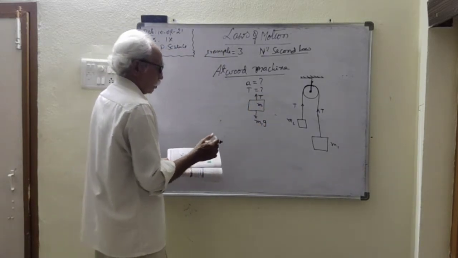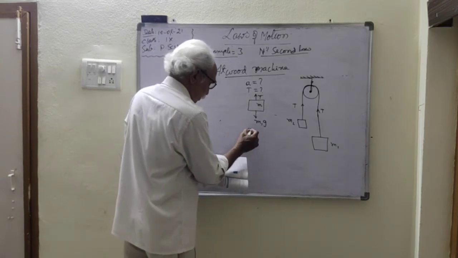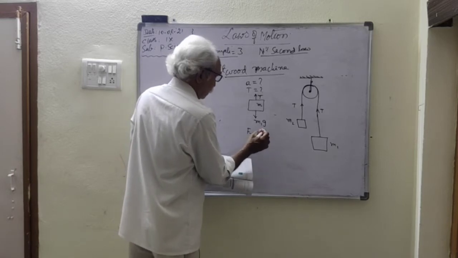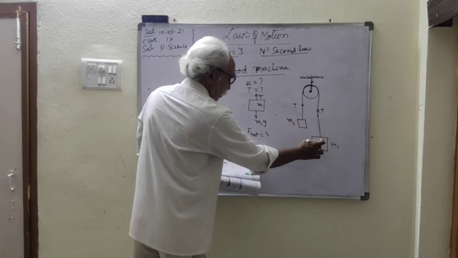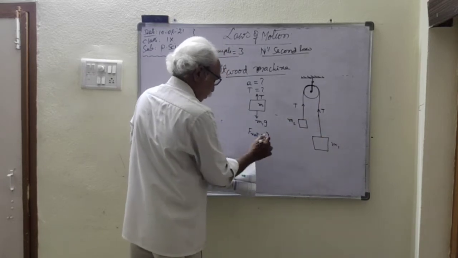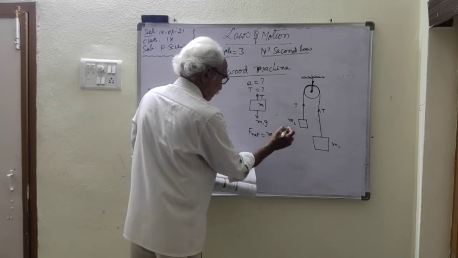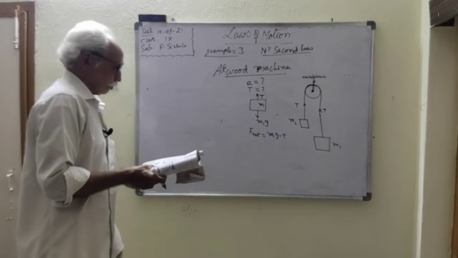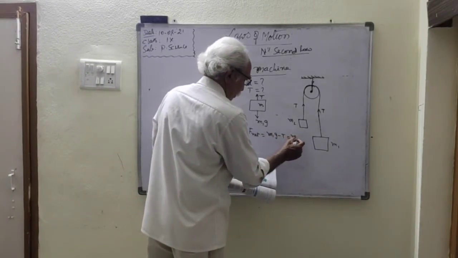So what is the net force? In this case, tension is less and the gravity force is more. Therefore, M1g minus T is equal to M1a.